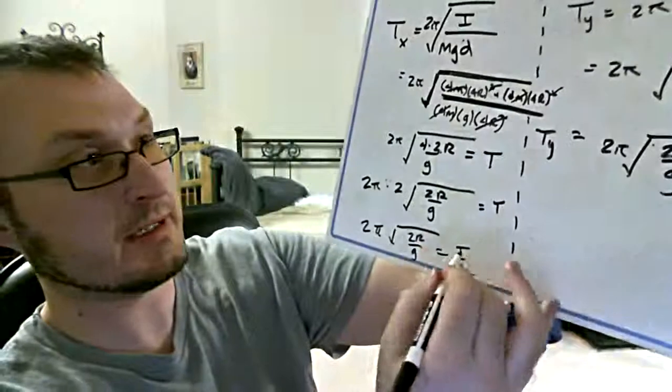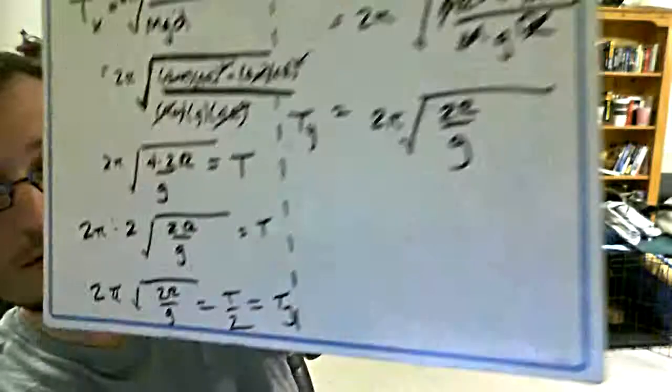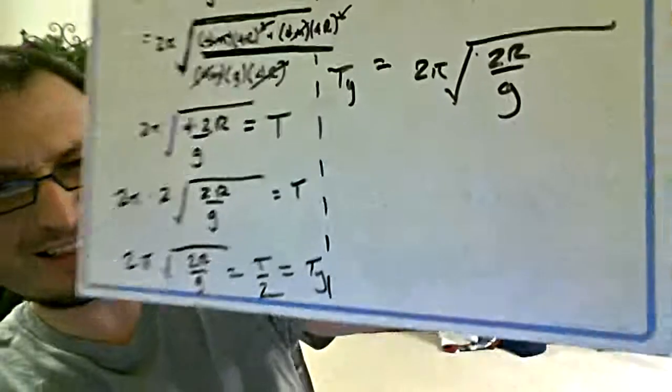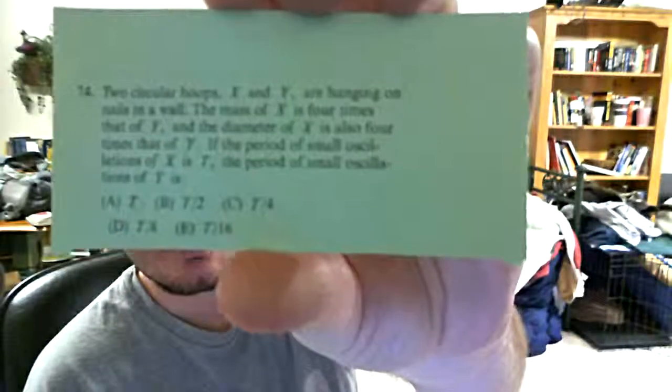And that is equal to T sub y that we have over here, right? That makes sense? There's a lot of places where you can get off track and make silly mistakes on this problem doing it this way. But that would lead us to an answer. That would lead us to answer B, T over 2.